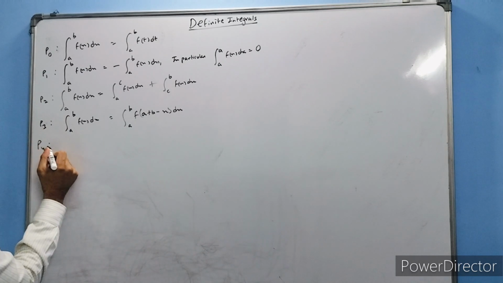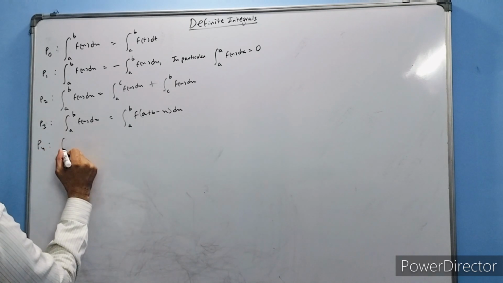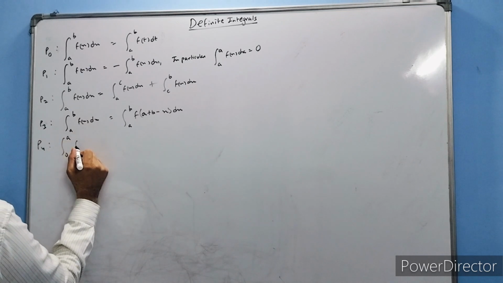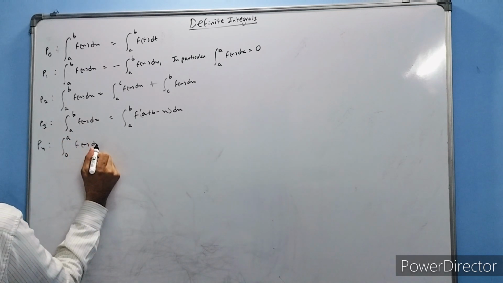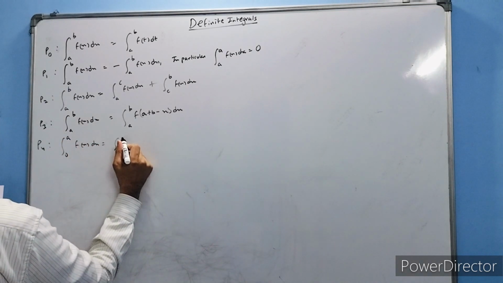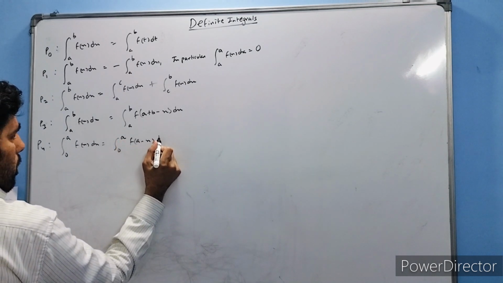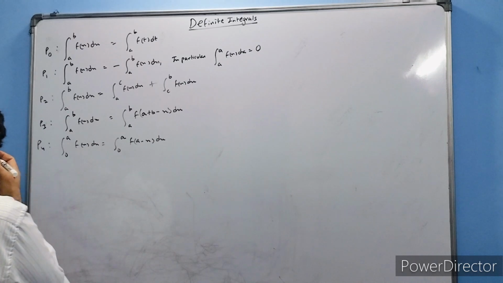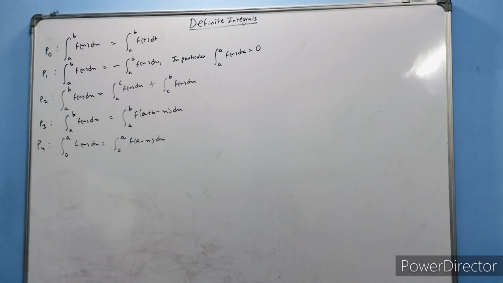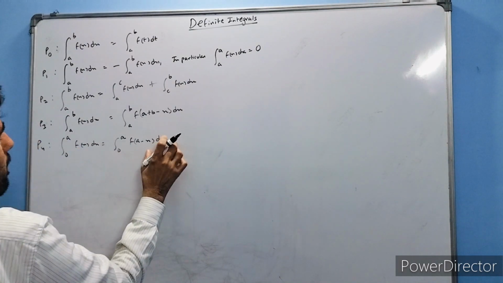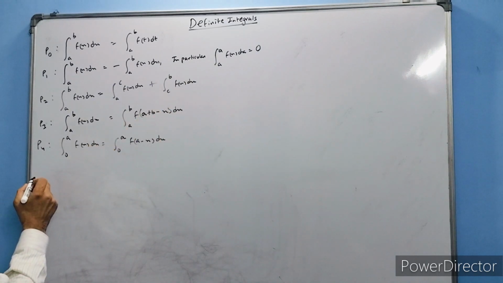Now we'll move to the fifth property, that is the integral from 0 to a of f(x) dx is equal to the integral from 0 to a of f(a minus x) dx. Okay, and we can see that this property is a particular case of this only.